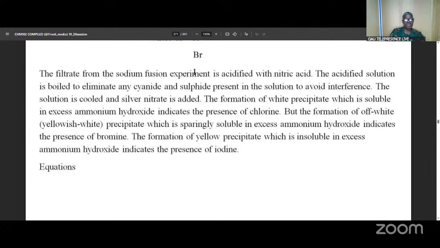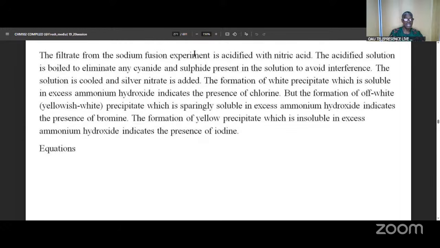So, take notes. If I were you, I would underline those very important differences between the test for chloride, the test for bromide, and the test to confirm iodine.